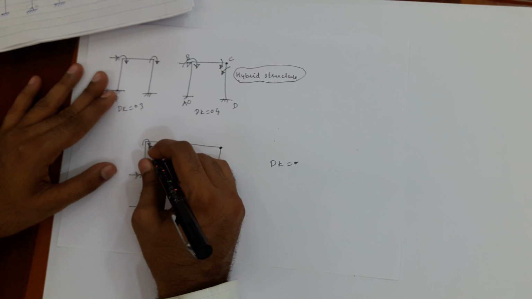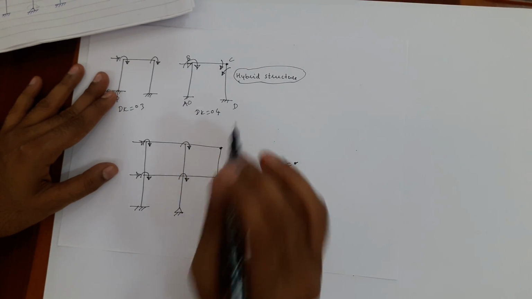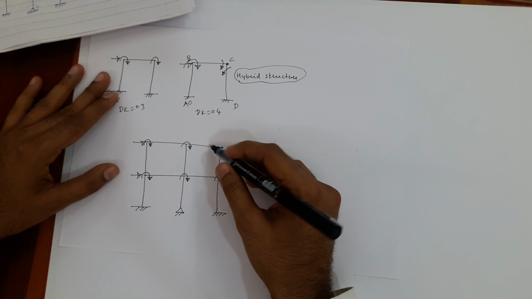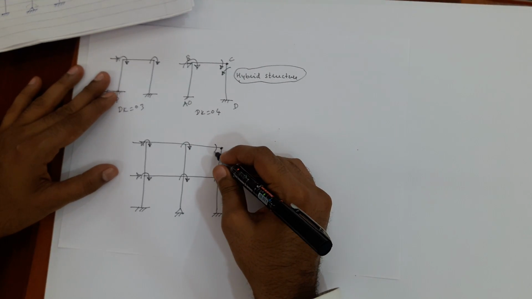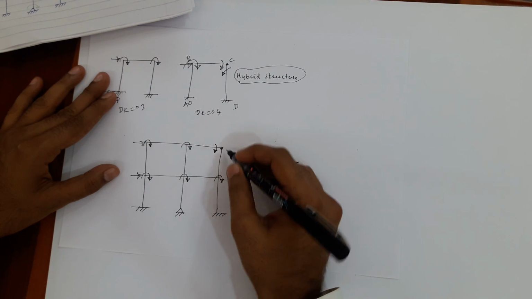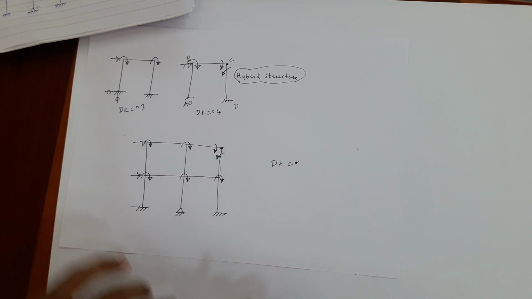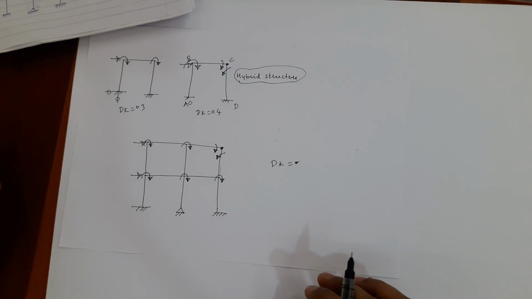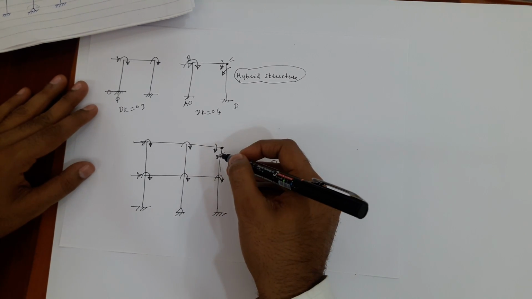Here a joint rotation and one horizontal deformation. Here we will have a joint rotation. You see, two members are connected to the internal hinge. So this member will have its rotation and this member will have its rotation, because the internal hinge is separating the members. There is no joint rotation, there is member rotation.